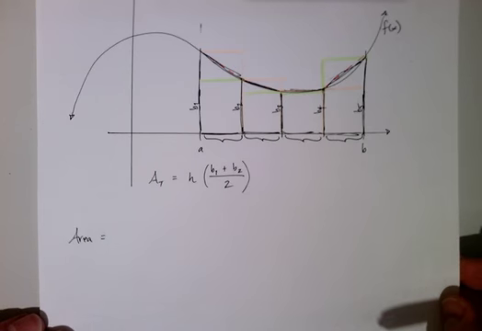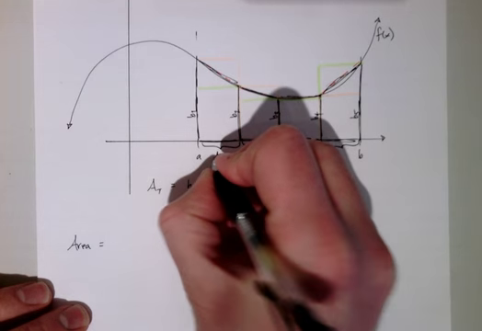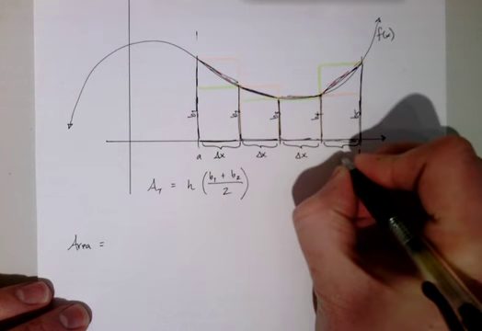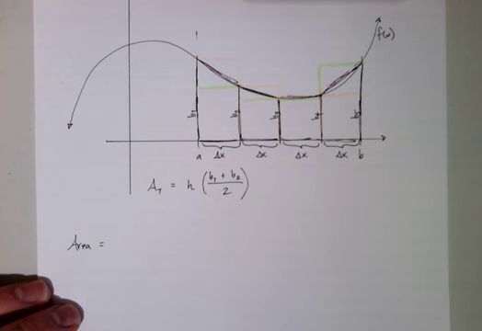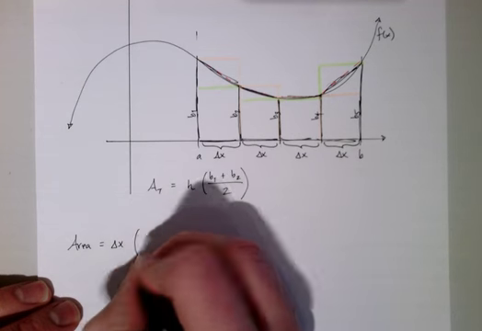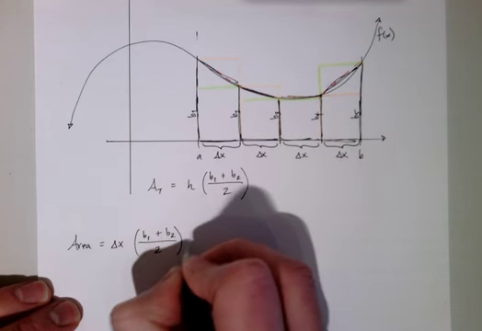But once I shift it back around and look at it in its regular orientation, I recognize that all the heights are just delta x. So I have delta x times base 1 plus base 2 over 2.